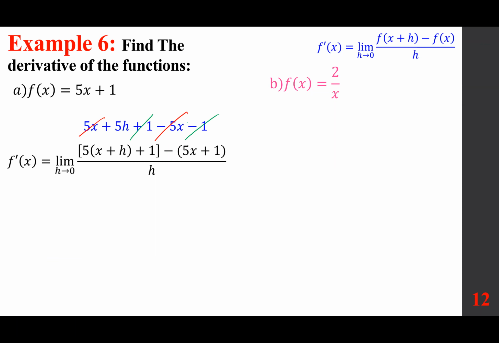And you're left with 5h in the numerator. Now the h cancels out. And the limit of 5 as h approaches 0 is simply 5. And you are done, everybody. That's it. Very straightforward.